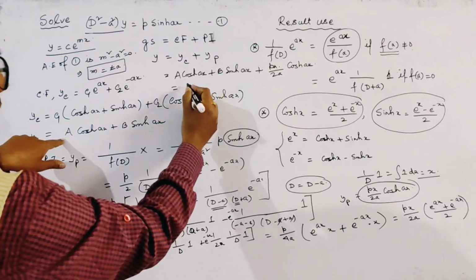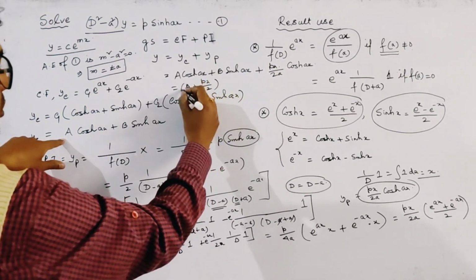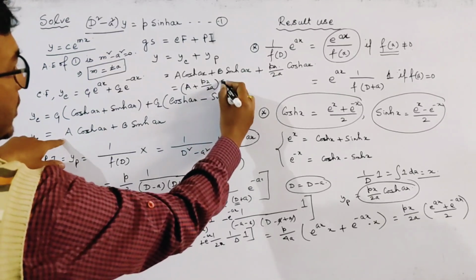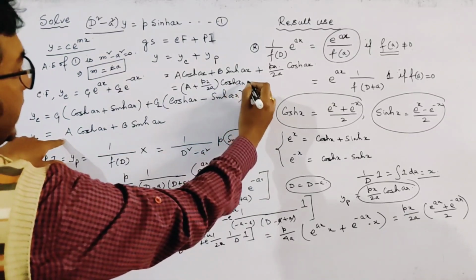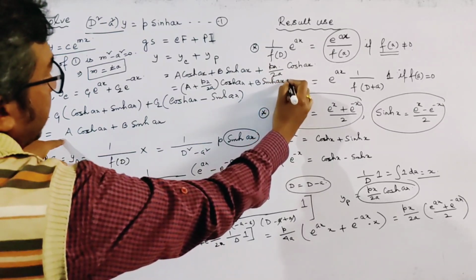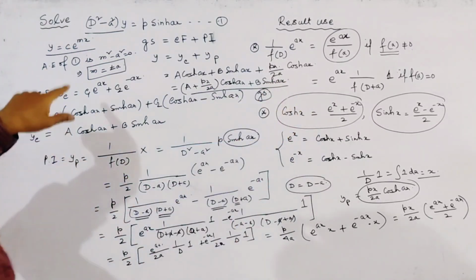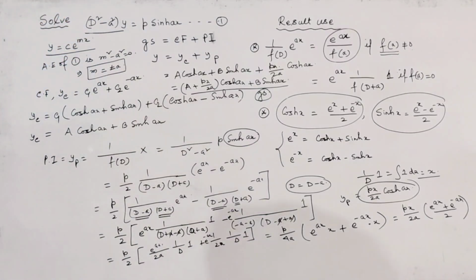Arranging in order, we get (a plus px by 2a) into cosh ax plus b into sinh ax. And this is the general solution of the given differential equation.